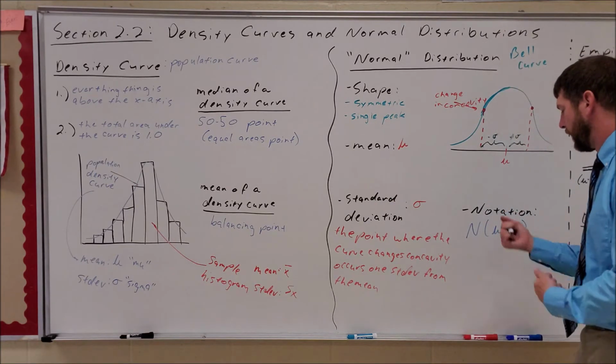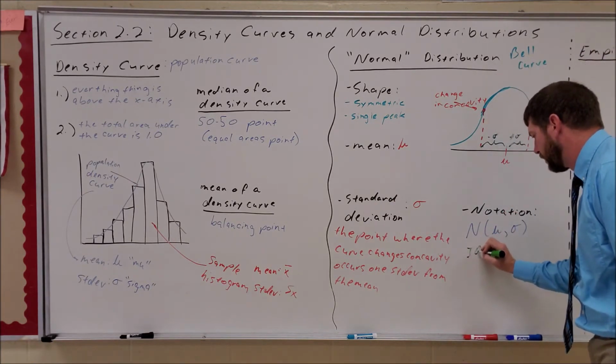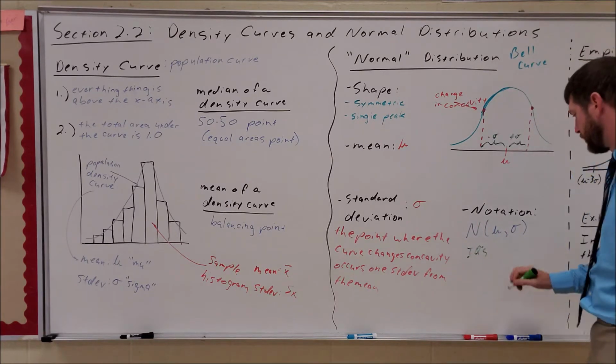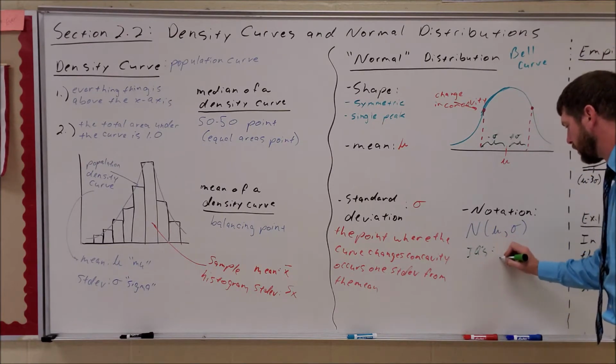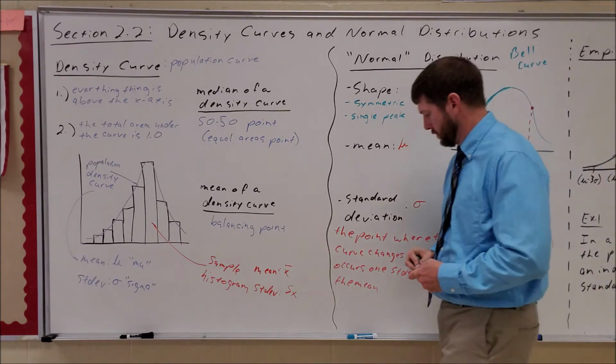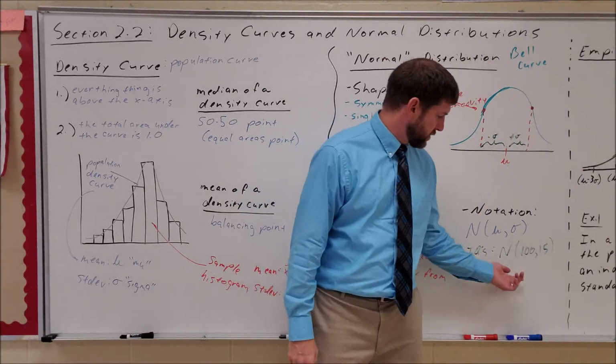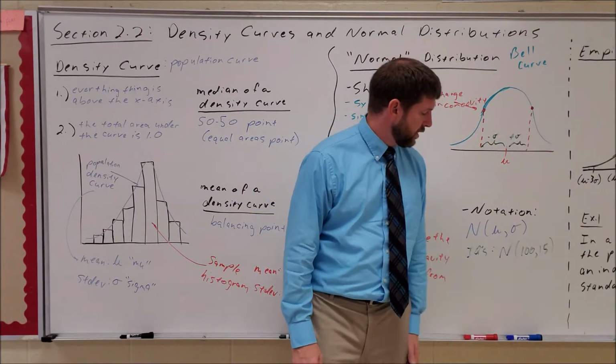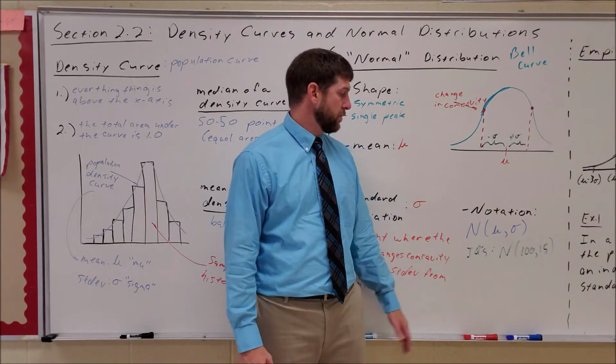If we were talking about IQs, how IQs are normally distributed, we might say IQs are normally distributed with a mean of 100 and a standard deviation of 15. That's a good example of how you can write normal distributions.